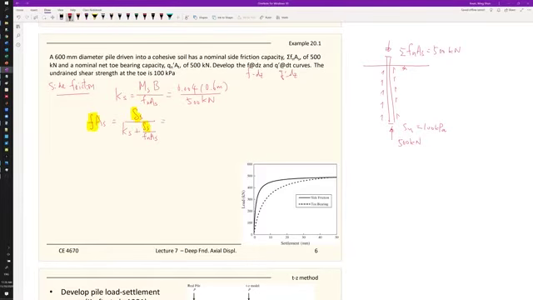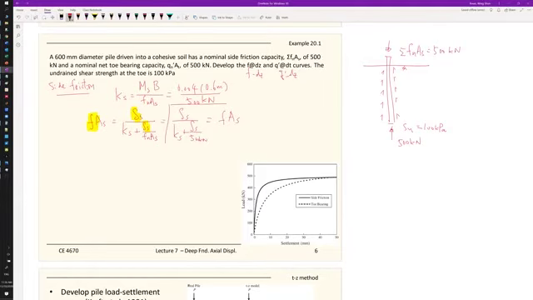And if we plug in the numbers, it will be this again. And Ks is whatever you calculate here. It's a constant. And the nominal side friction is 500 kilonewtons. So this equals the loading.